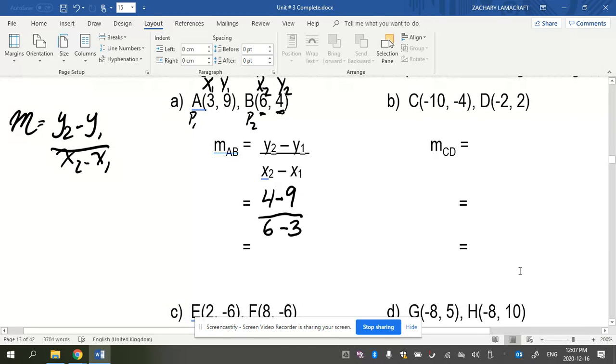So if we did that subtraction, I apologize, it would be 4 minus 9, which is -5, and 6 minus 3, which is 3. And if you look to that front page, that line segment's going to have the exact same slope. Okay?